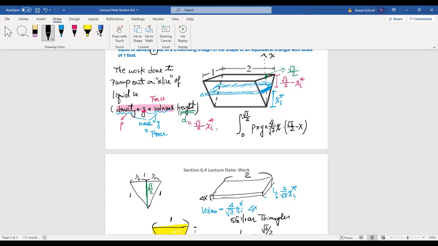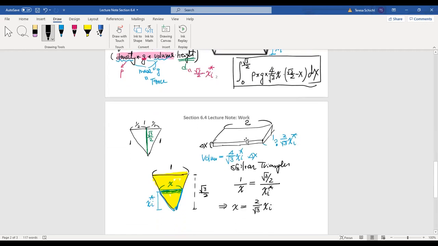Then the delta x will become our dx. So that will be the total amount, right? So this will be the total amount of the work being done when I pump the water out of these troughs here. All right.